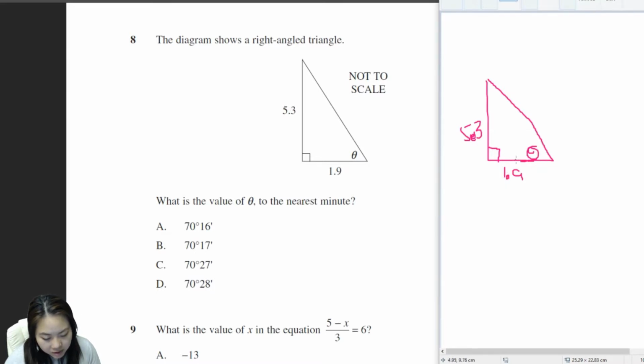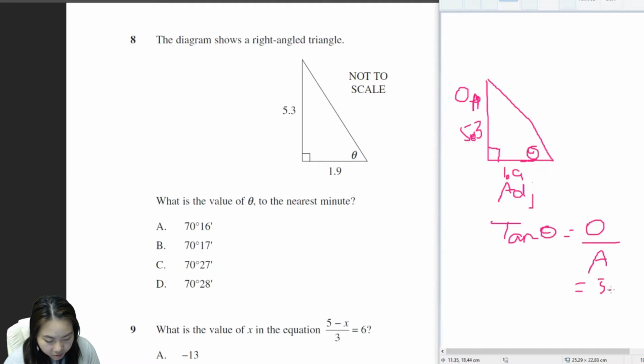So from the theta's point of view, you have the opposite side and the adjacent side. So then you would use tangent. Tan theta is equal to opposite over adjacent. Opposite is 5.3 and adjacent is 1.9.